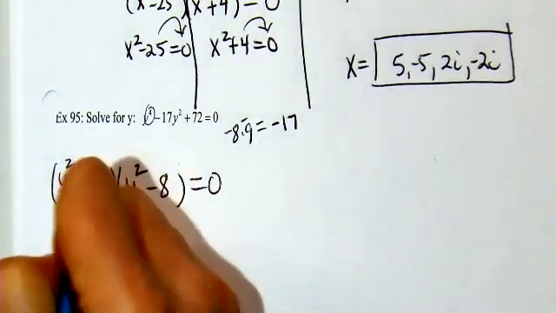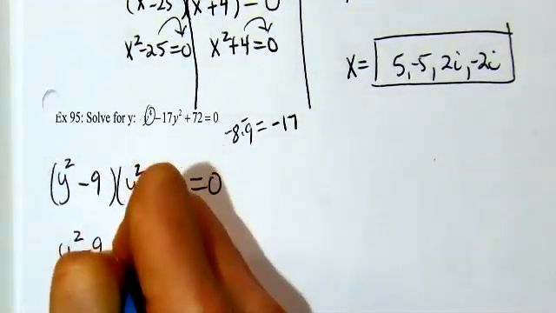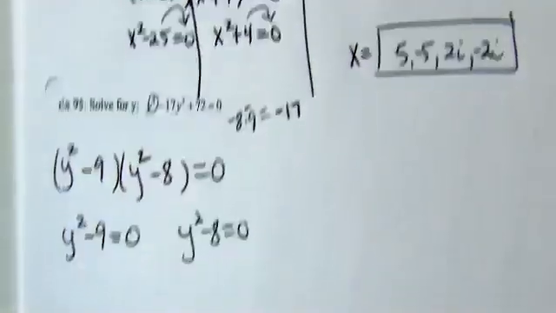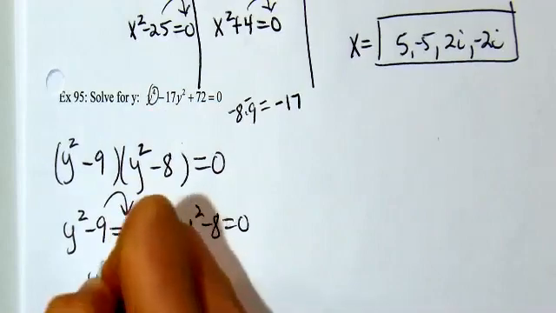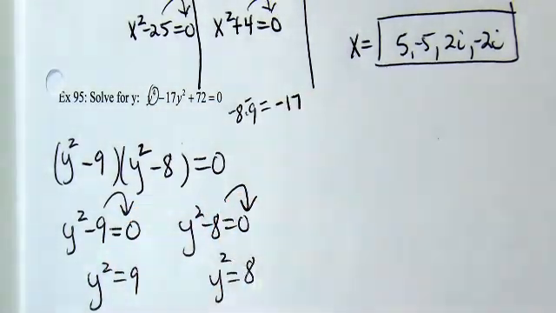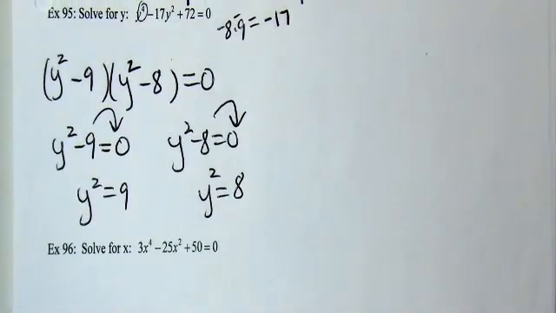So then we set each factor equal to 0: y squared minus 9 equals 0, y squared minus 8 equals 0. We will add 9, so y squared equals a positive 9, and add 8, y squared equals a positive 8.